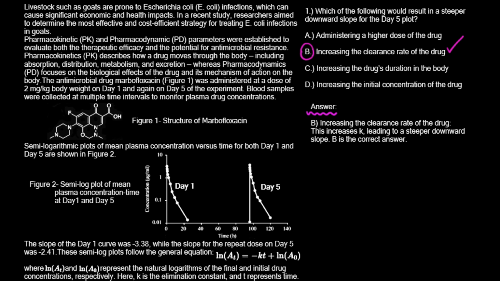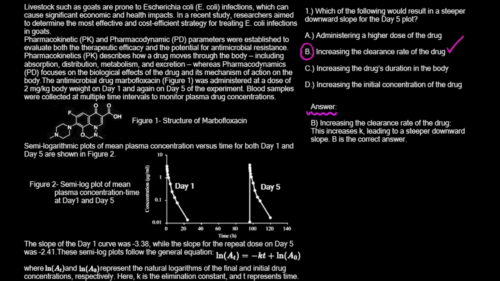So here's question number 1. It reads, which of the following would result in a steeper downward slope for the day 5 plot? So what is this question really asking us? It's asking us to figure out which answer choice would make the slope of the graph become steeper. Now, what determines the slope of the line?